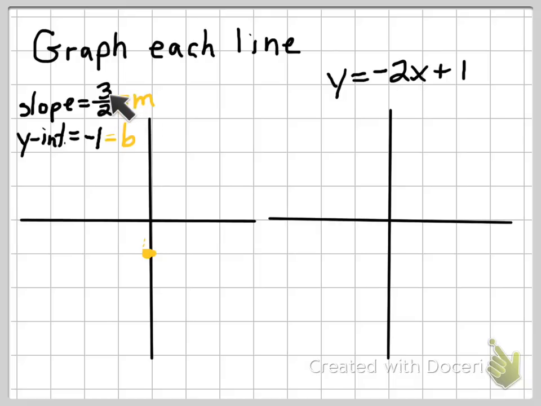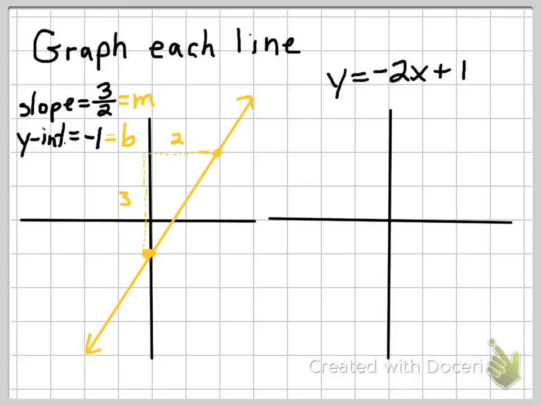It tells me I need to rise 3 and run 2. So I'm going to rise 3 and run 2. That was 3, 2, and there's my line. Now, as far as my line, I don't really have to have these dotted lines or the 2 or the 3 here. The line itself is what I'm looking for.